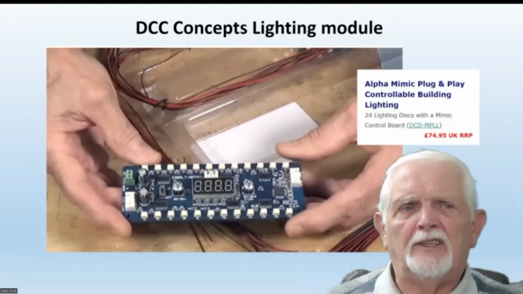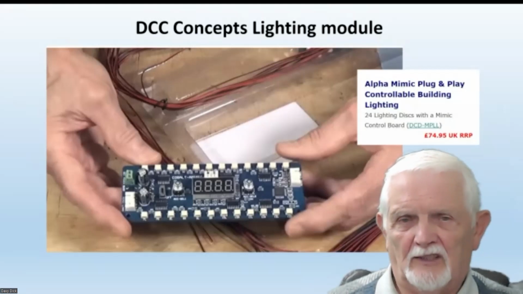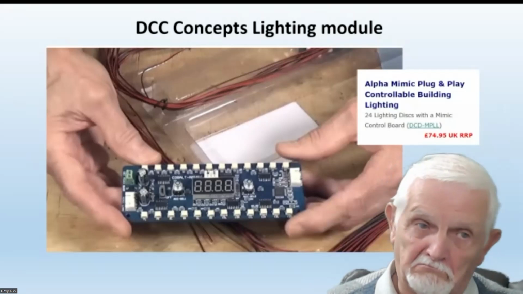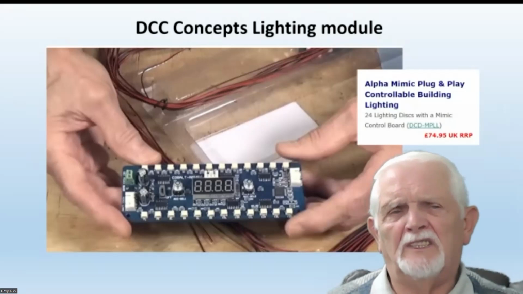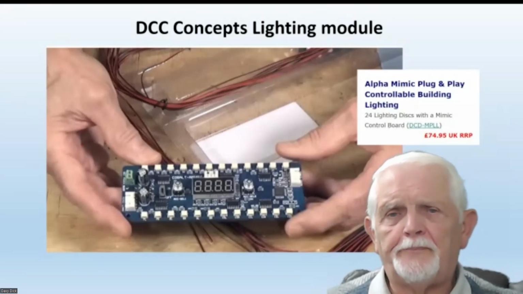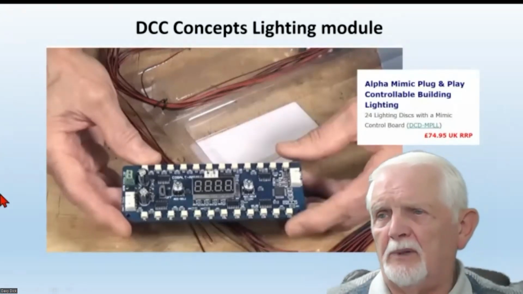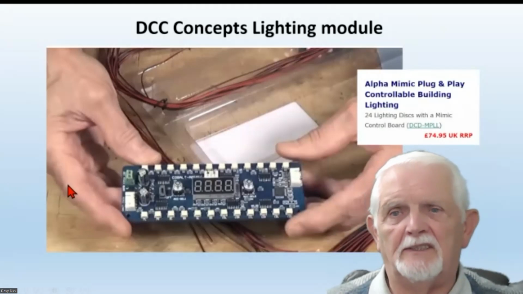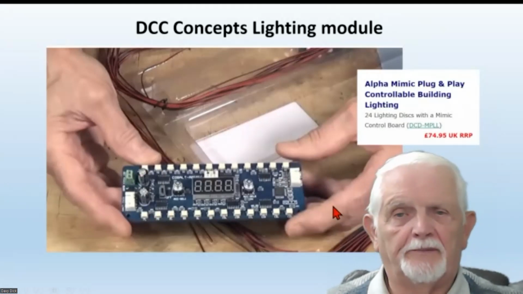And they advertise it as handling 24 lights at 75 quid. It's a lot of money, but I think it's a bit misleading about the 24 lights. Let's just have a look. You can see there, we've got a place for the power coming in, we've got a place for the DCC coming in, and we've got a whole bunch of outputs.